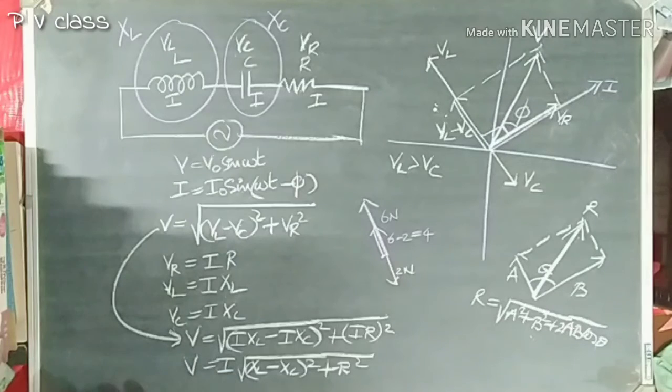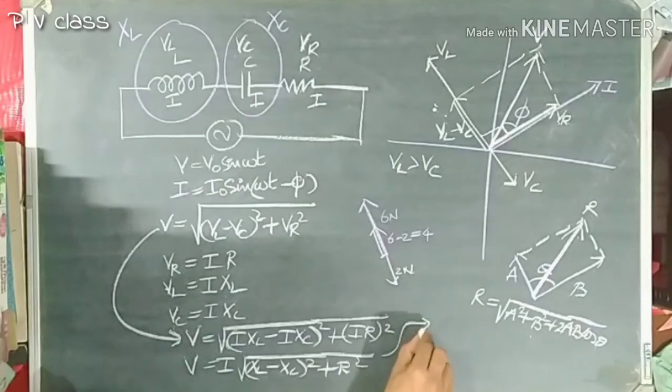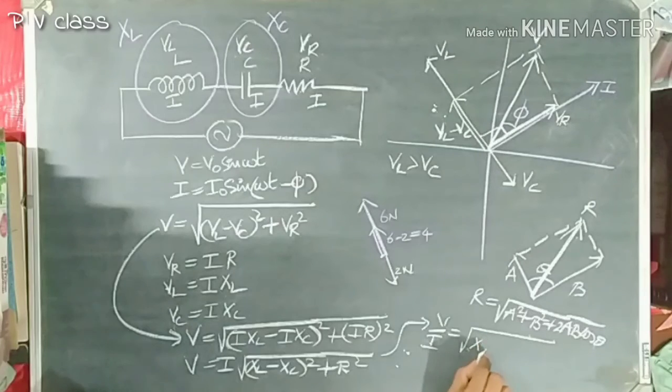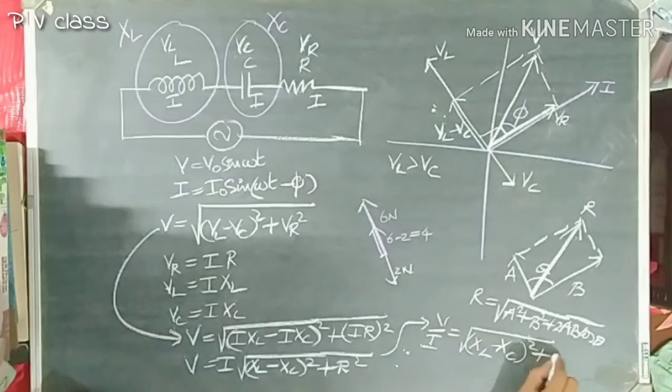Then what should be V by I? Let me write it over here. Therefore, V by I is equal to root of (XL minus XC) the whole square plus R square.